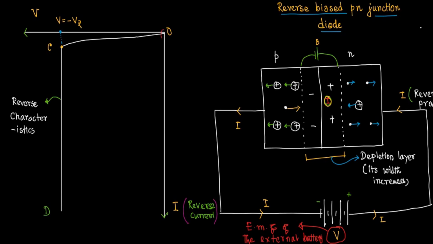From this point O to C, obviously current changes exponentially, and here this current is the reverse current.